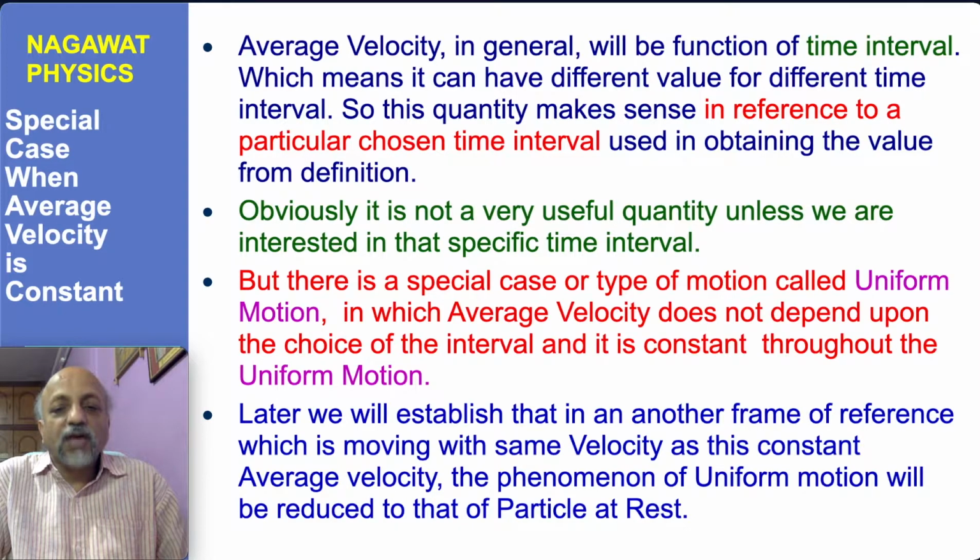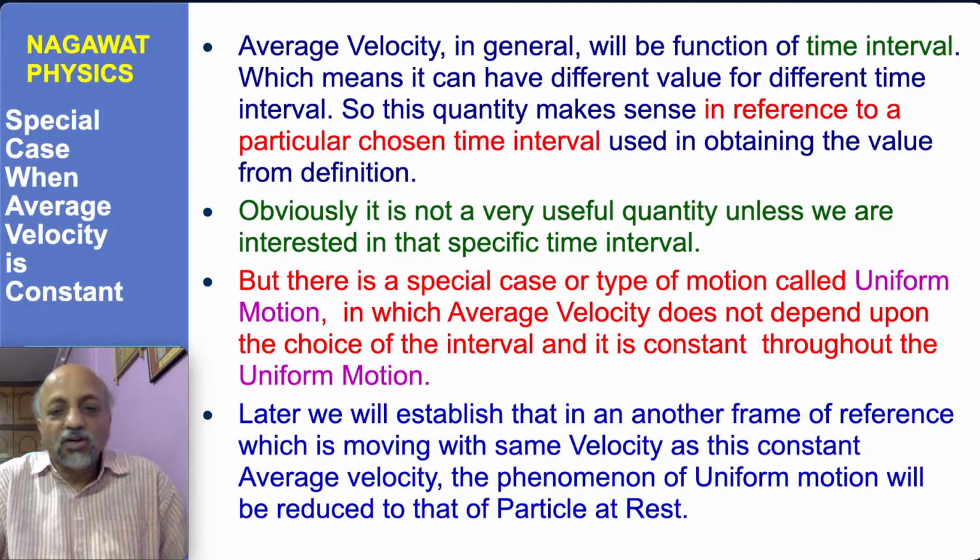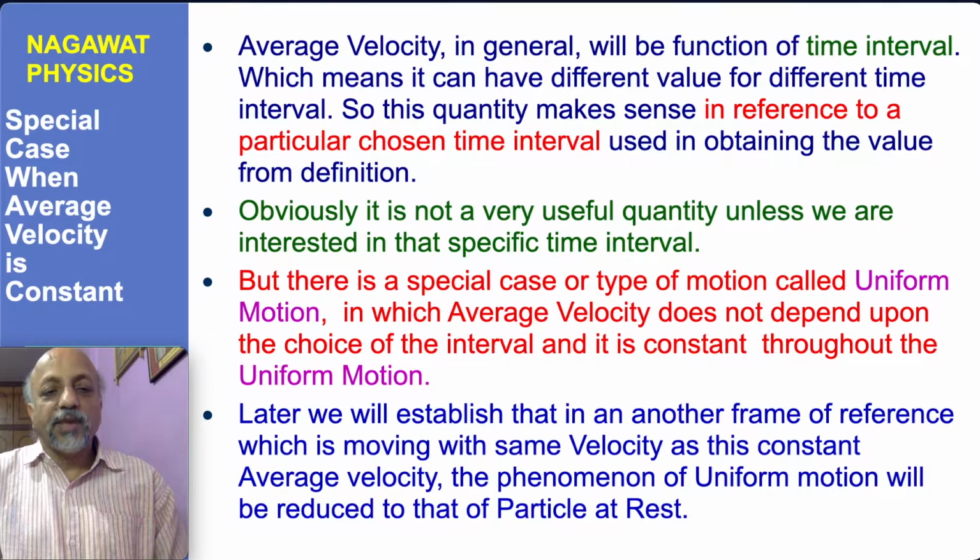And in the last stroke I emphasized that the state of rest, since the position doesn't change with time for all time, is not of much interest because change is not involved. In the original frame of reference the particle may have a constant average velocity, but you can find a suitably chosen frame of reference in which the average velocity will be 0 at all instants of time, which means the particle will be at rest.